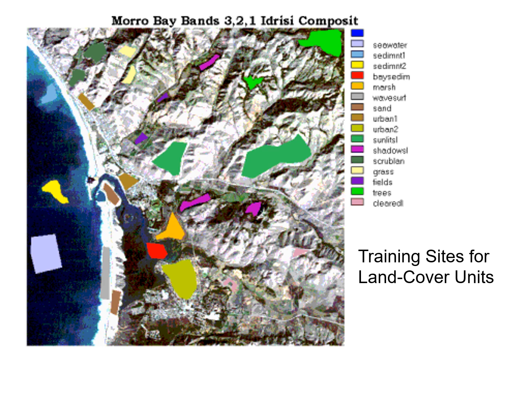This is what a training data set looks like. So this is from Morro Bay in California. And what they've done is they have put down a series of polygons. Fundamentally, that's what training data sites are.